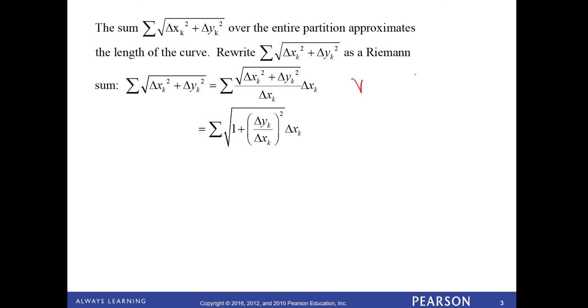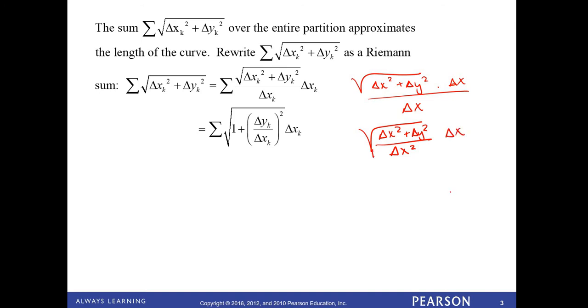So they've taken this square root of delta x squared plus delta y squared, and they've multiplied it by delta x over delta x. Now, they've then taken and put all of this under the square root. So delta x is the same as the square root of delta x squared. This delta x remains on the outside.